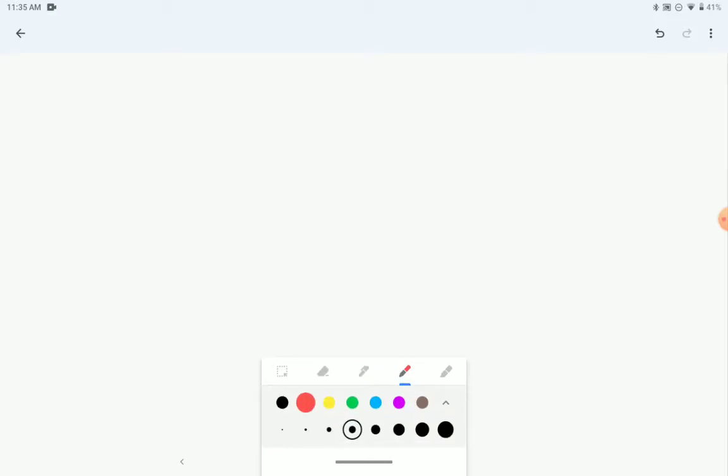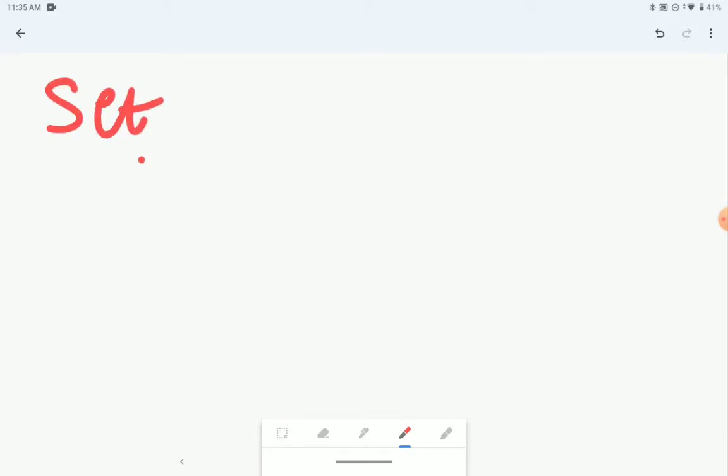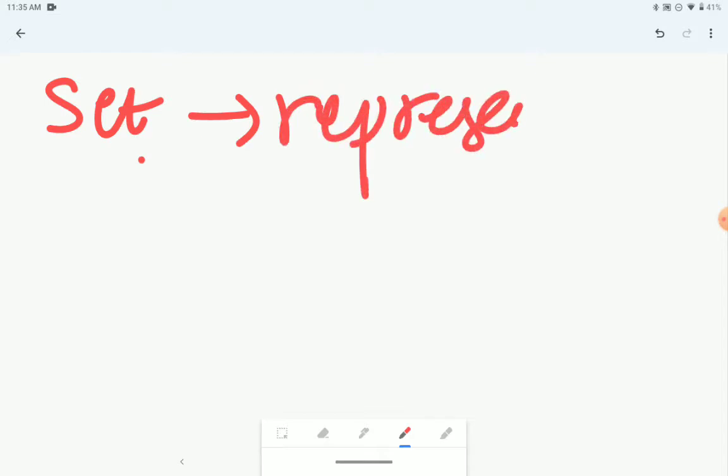And now a set can be represented in two forms.